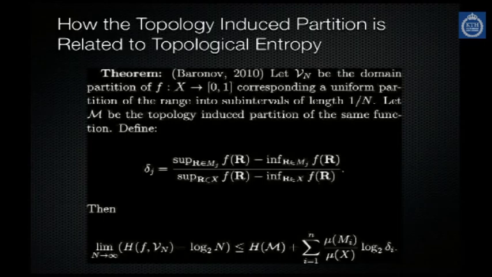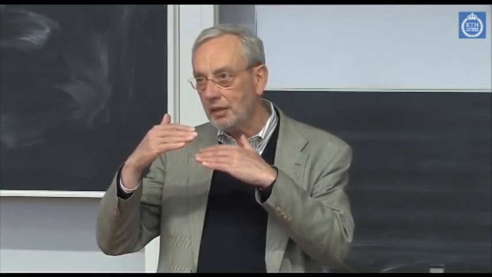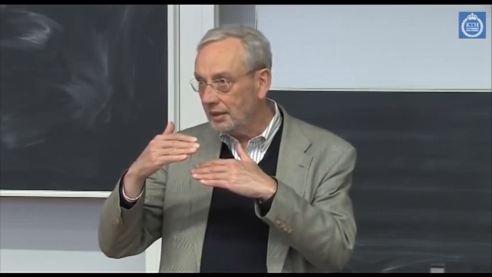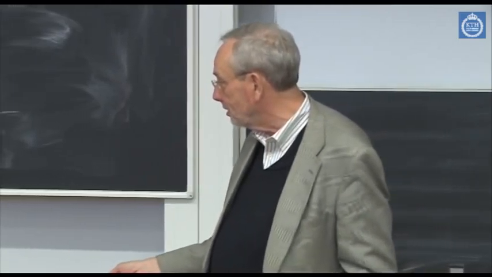And making this definition, I have this interesting inequality: the partition entropy corresponding to the field F and the data-induced partition, minus the log of n, which is the number of cells in the partition of the range, is always less than or equal to the entropy of the topology-induced partition plus this factor here, which weights how much variability there is on a particular cell in the topology-induced partition against the relative size of that cell.